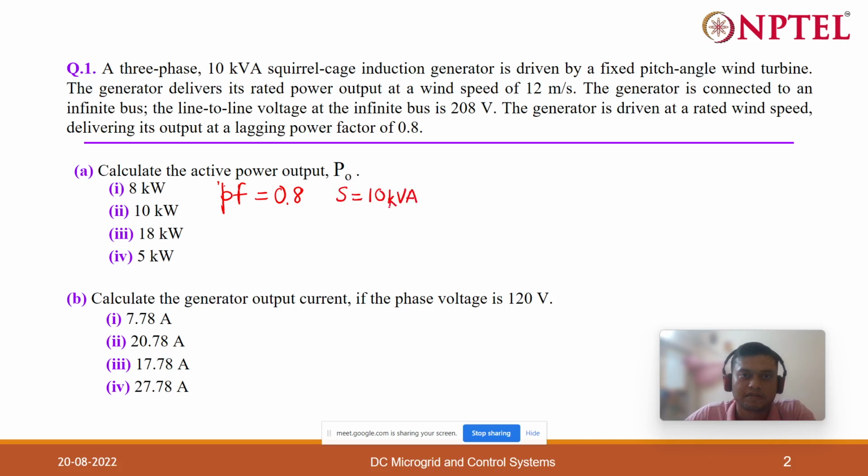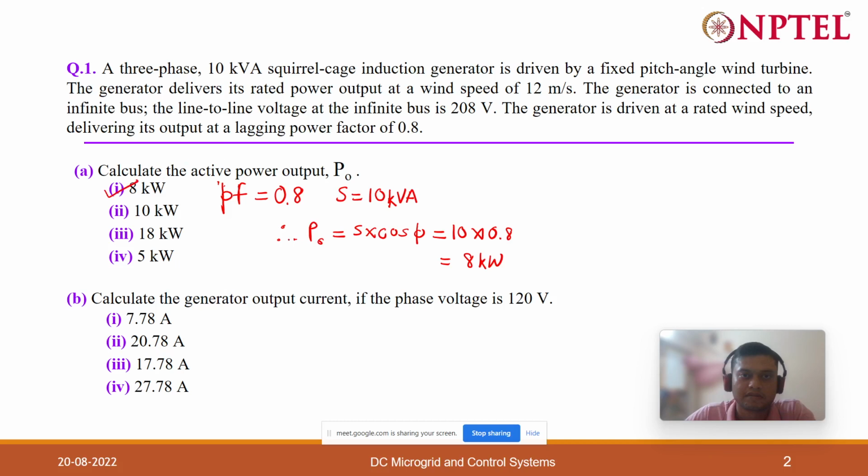So we need to calculate its output delivering power. You can write P naught is equal to S into cos phi. So 10 kVA into 0.8 comes out to be 8 kilowatt. So the correct answer will be the first option.